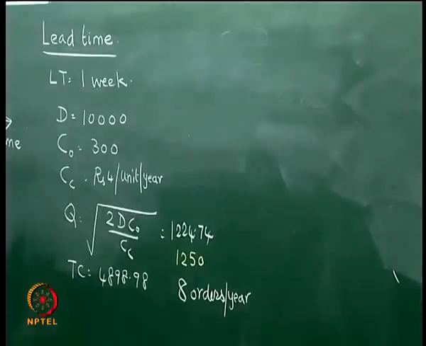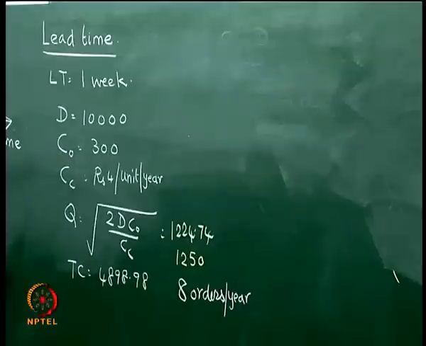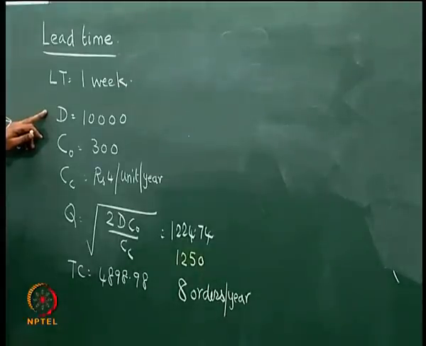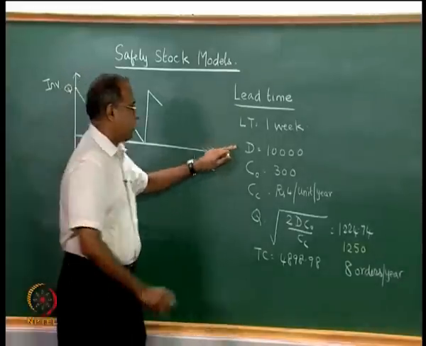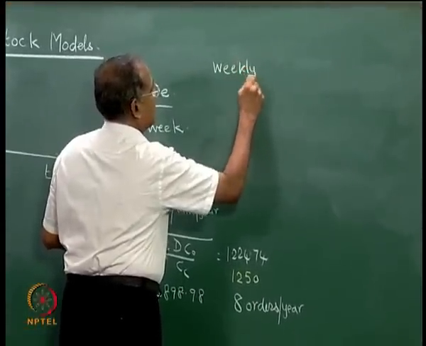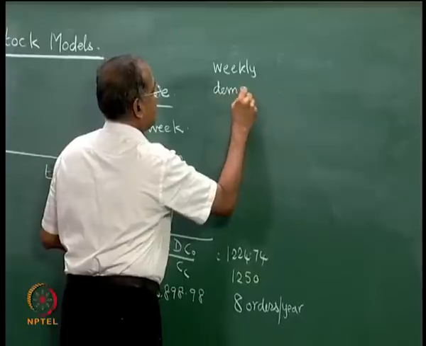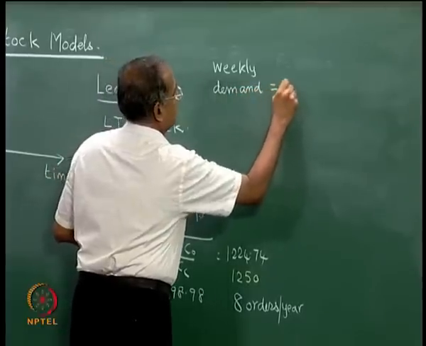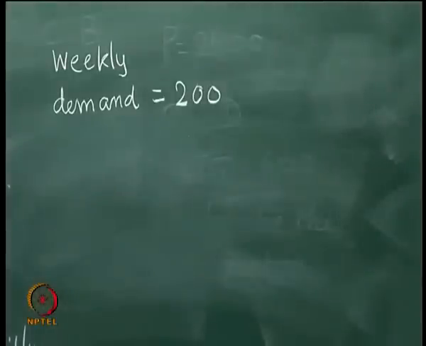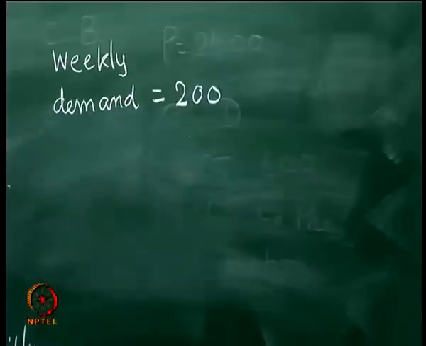Now, say this 10,000 is based on, let us say, 50 working weeks in a year, and therefore the weekly demand is equal to 200, so that the total demand is 10,000 per year.